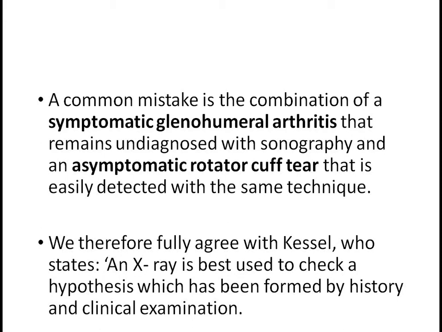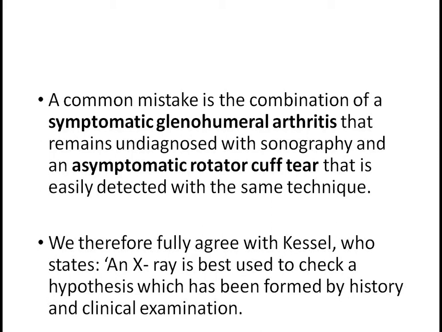On the other hand, this diagnostic ultrasound is connected with a screen, a monitor, where images of the inside of the body are seen. So during that sonography, the glenohumeral arthritis, which will be the cause of the symptoms of the patient, will remain undiagnosed with that ultrasound image.